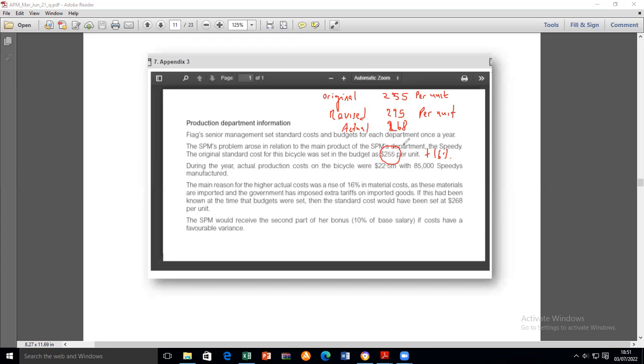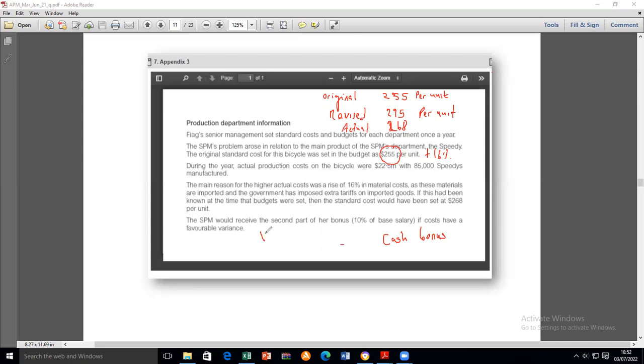So what are we saying then? Was the manager supposed to get their bonus, the second part of the bonus, the cash bonus? Yes. Reason?